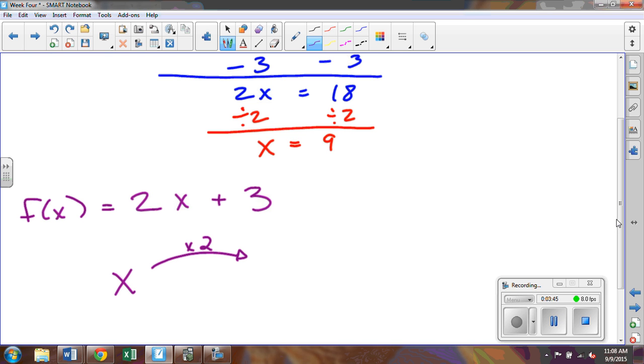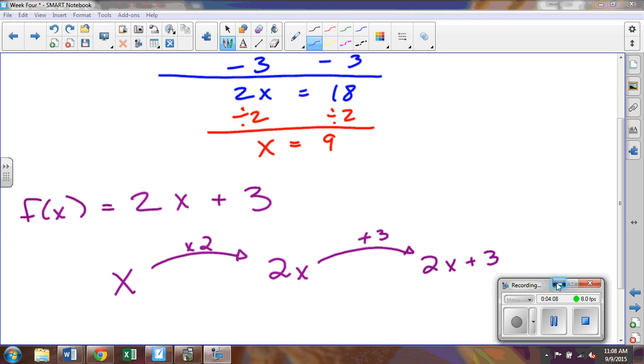When you take x times 2, what do you get? 2x. After that, what was the next thing we did? Our next step was to add 3. When you add 3 to the 2x, the step before, you get 2x plus 3.